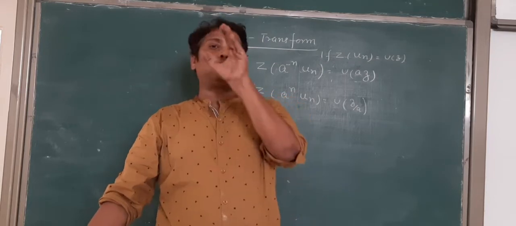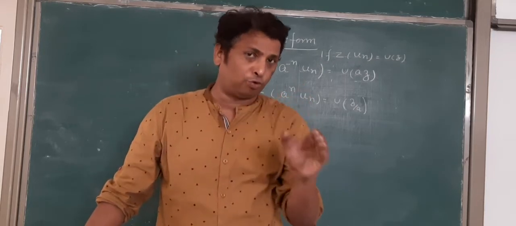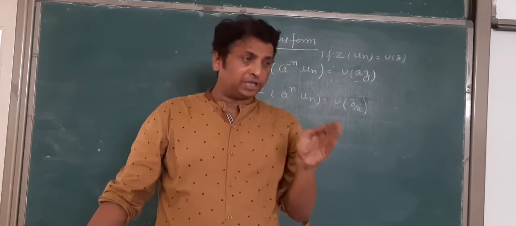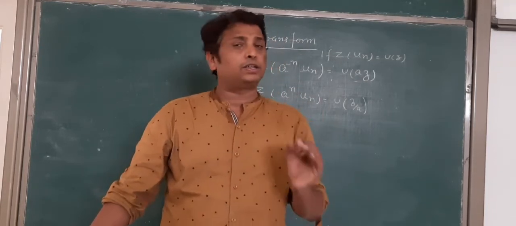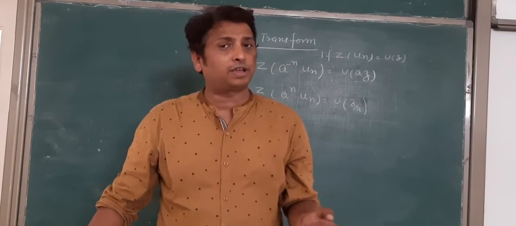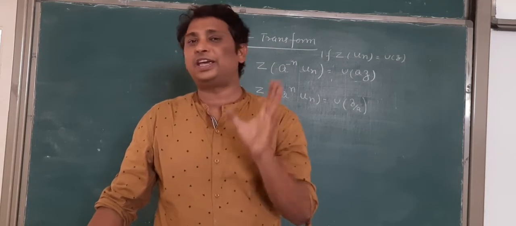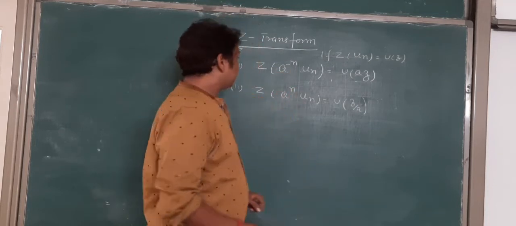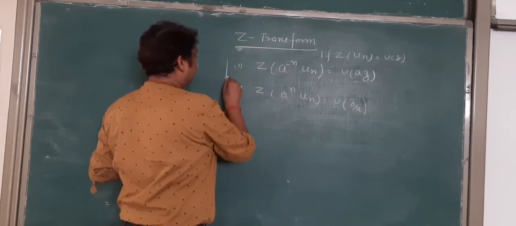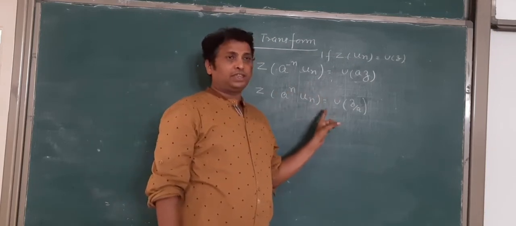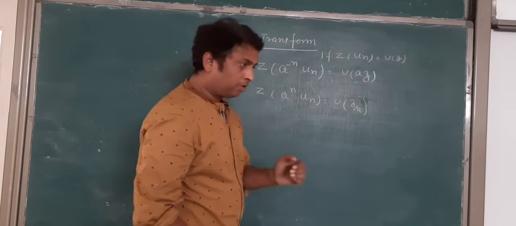It means if you know the Z transform of u(n), then when u(n) is multiplied with a to the power n, we just replace z by z minus a. That's all. So please keep this property in mind. We will calculate some Z transforms using this later.